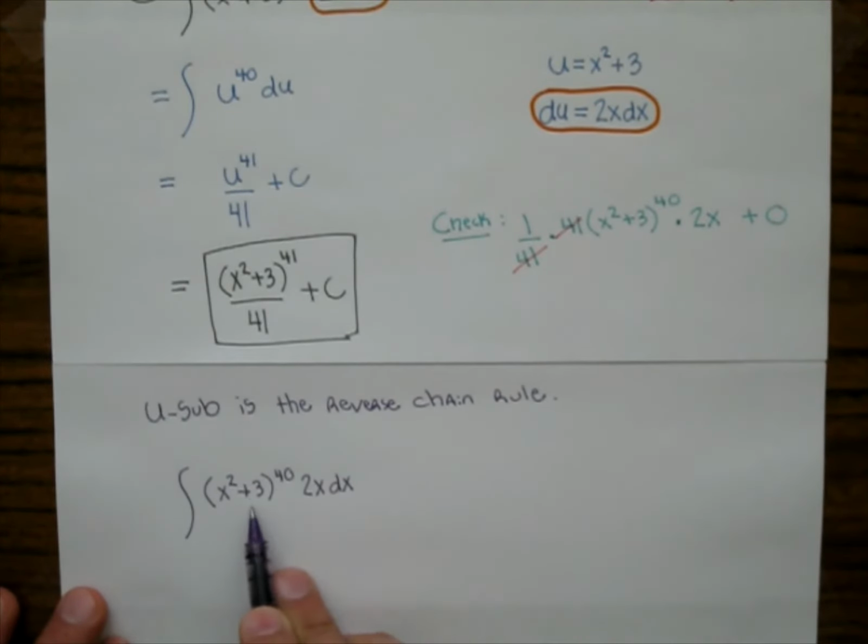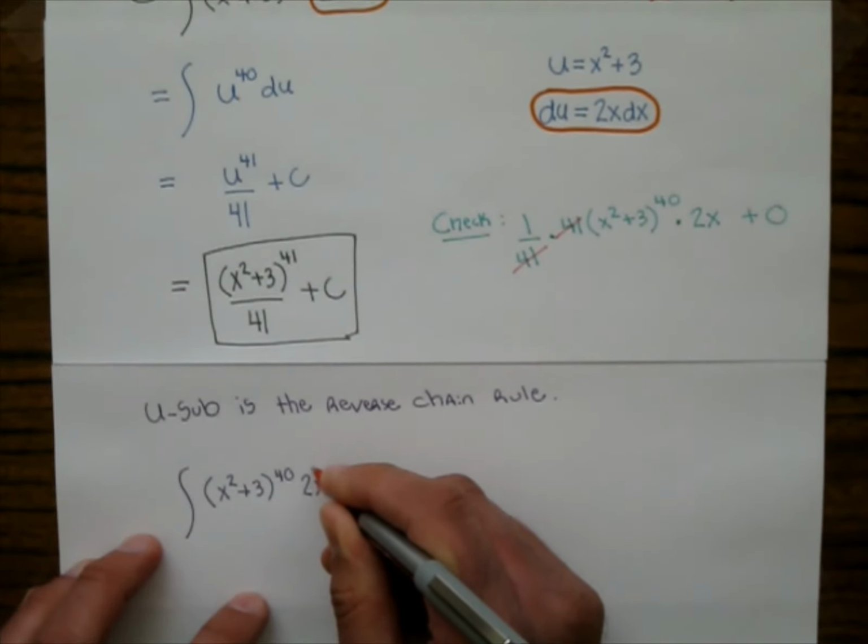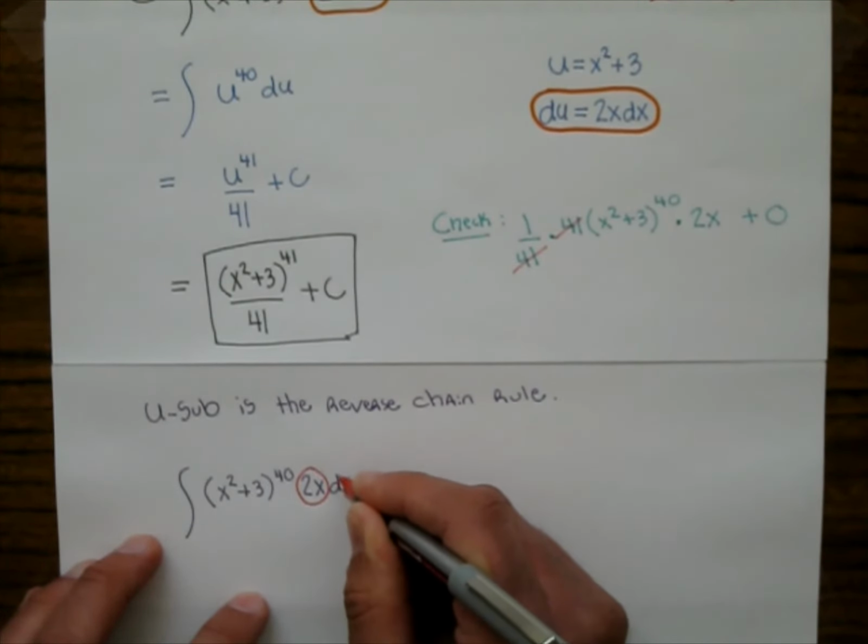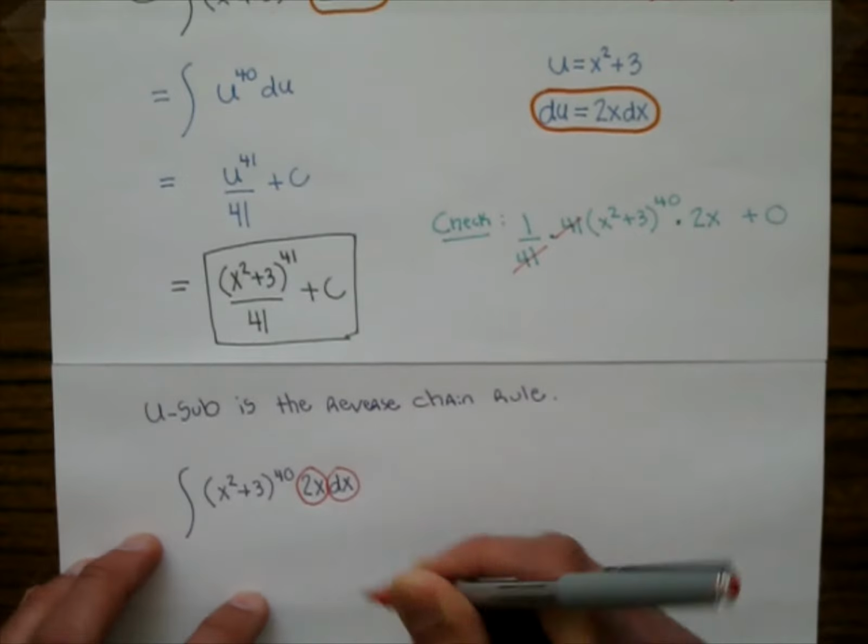Okay, so I have something to the 40th power. I just visually inspect this. I'm eyeballing it, and I'm saying, what's the derivative of x squared plus 3? The derivative of that is 2x, which is right there. So what is going to happen is the derivative is right there along with the dx.